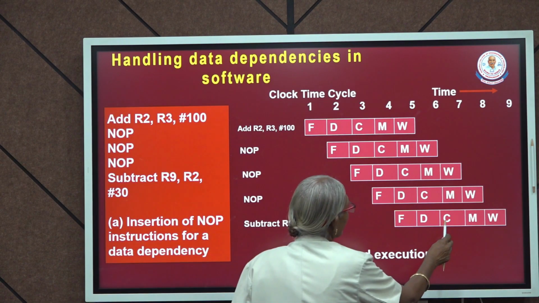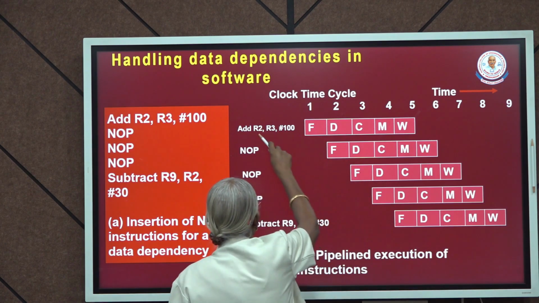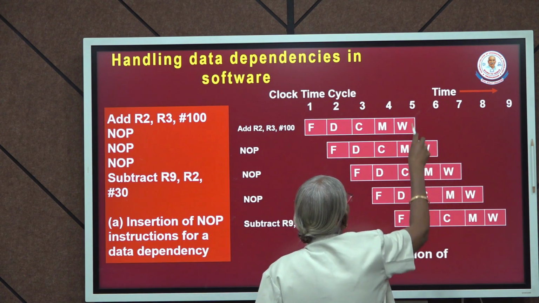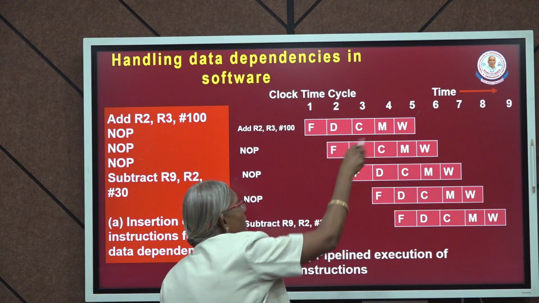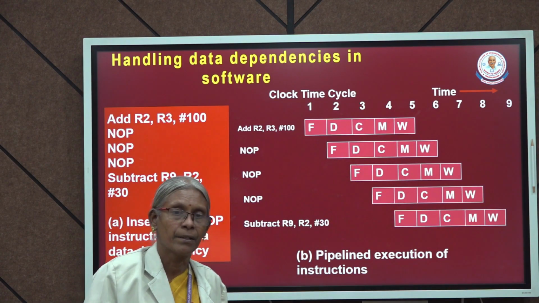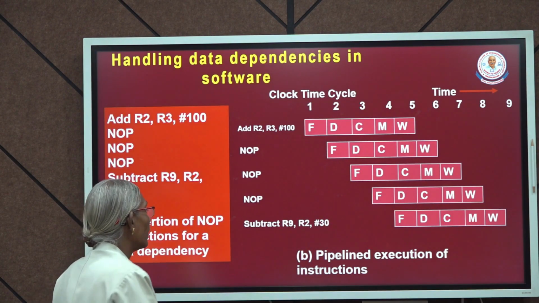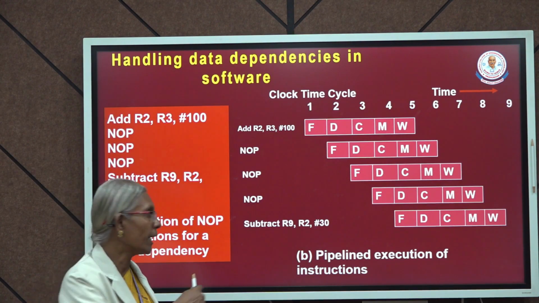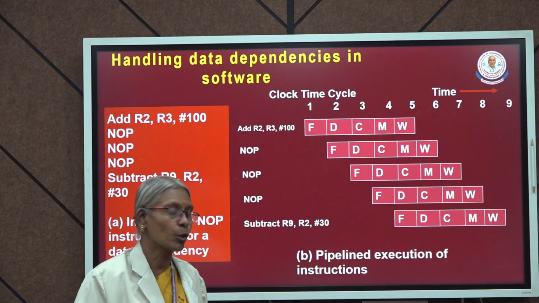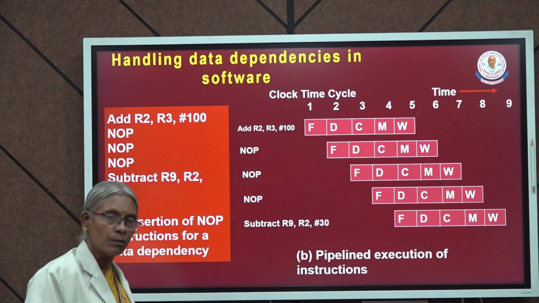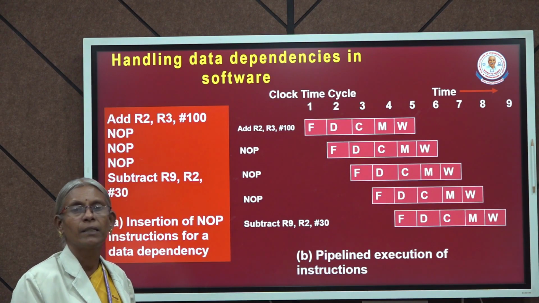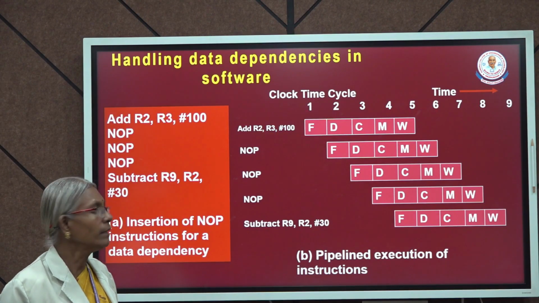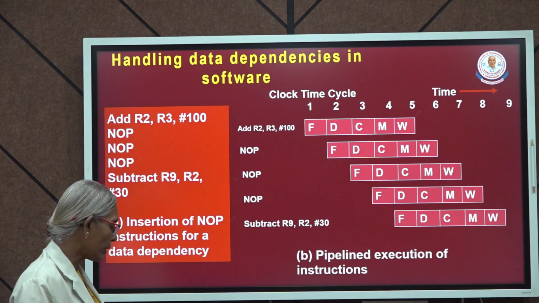It needs the data R2 only at compute. By then the first instruction is completed, so the data is available. By including NOP operations, we can overcome data hazard. In summary, operand forwarding and insertion of NOP can overcome data hazard.